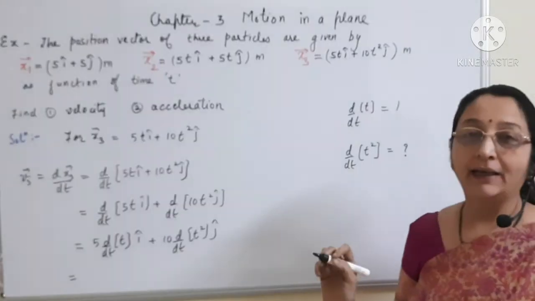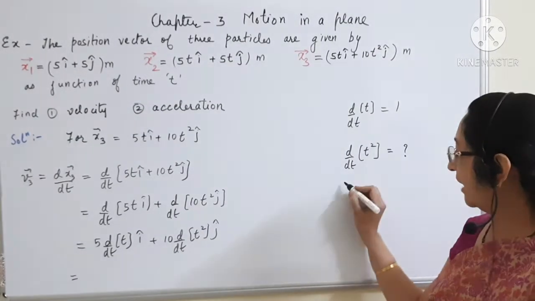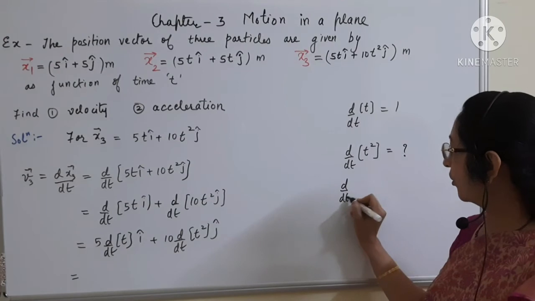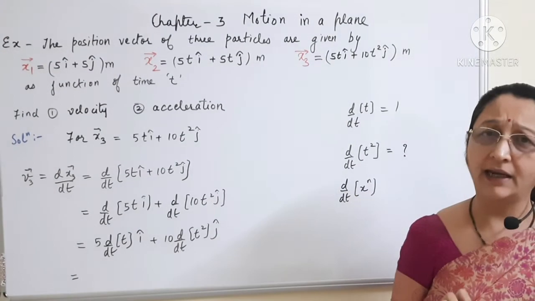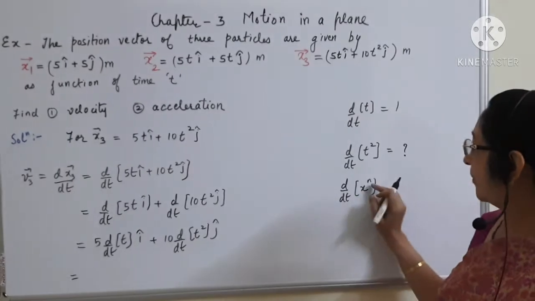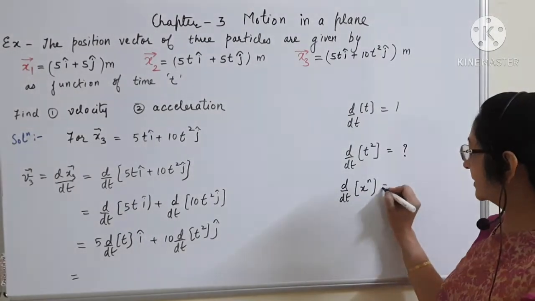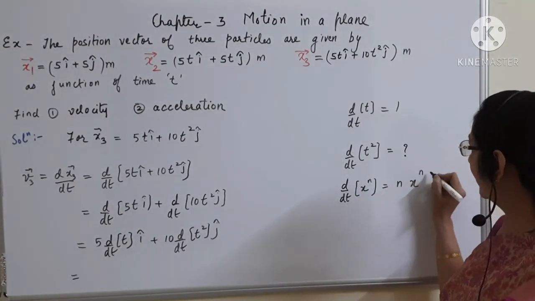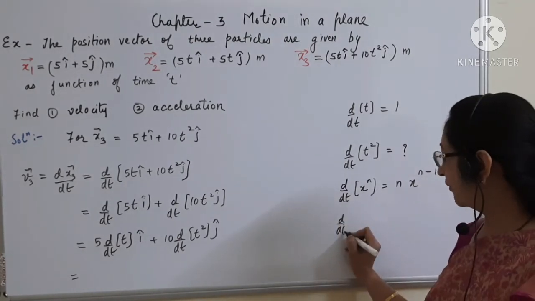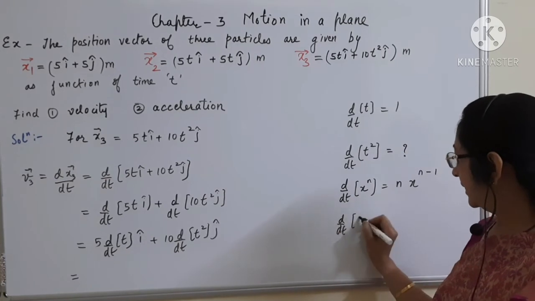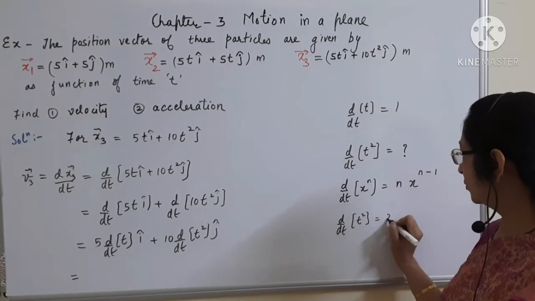In the mathematics, in the differentiation, we have d/dt, which is wrongly written. It is actually d/dx of x to the power n is equal to n x to the power n minus 1. So, d/dt of t square is 2.